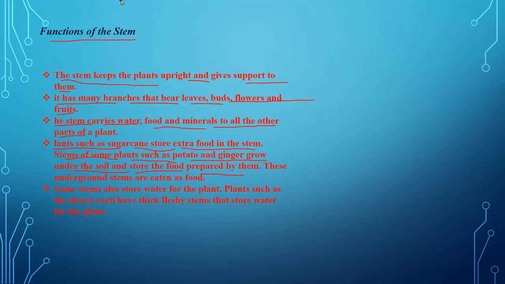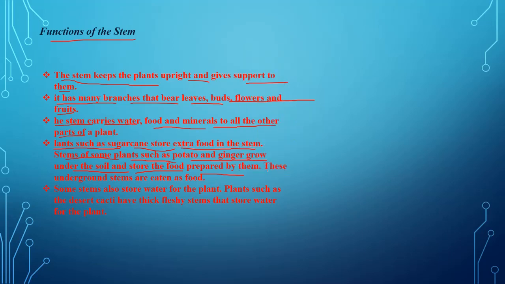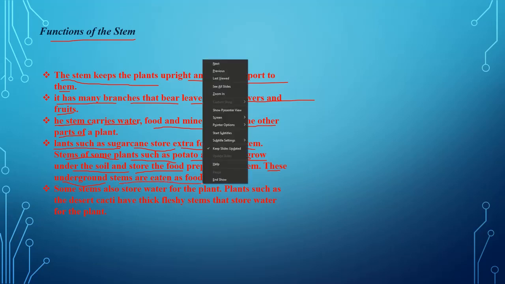For example, potato and ginger grow under the soil, but it is not a root, it is a stem. It also stores food prepared by them. So these underground stems are eaten as food.